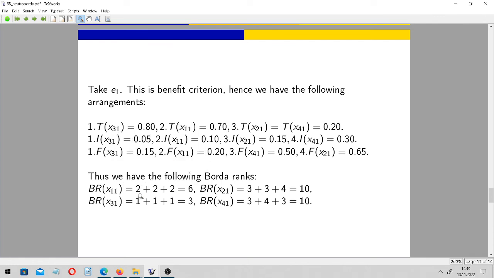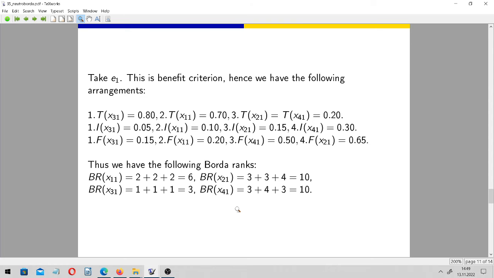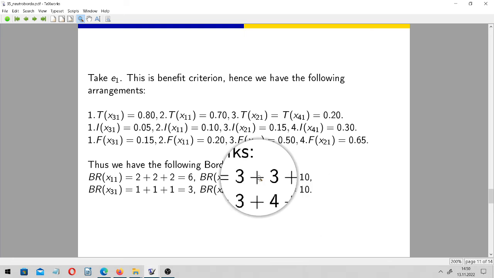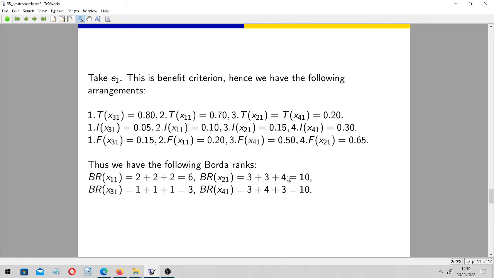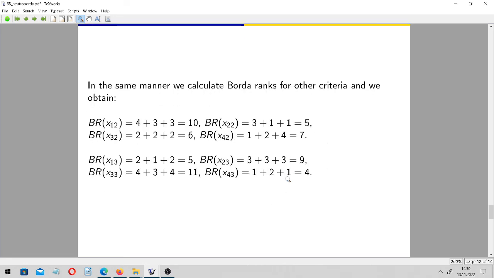And we have the following Borda ranks, which are calculated here. Moreover, in our original paper, there is a numerical mistake here. In this place, we wrote that 3 plus 4 plus 3 gives us 11. But here I corrected this, and in fact it's 10, of course. Just like here, 3 plus 3 plus 4. Then we calculate Borda ranks for other criteria.